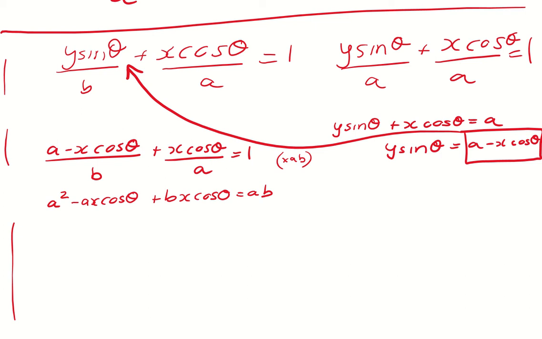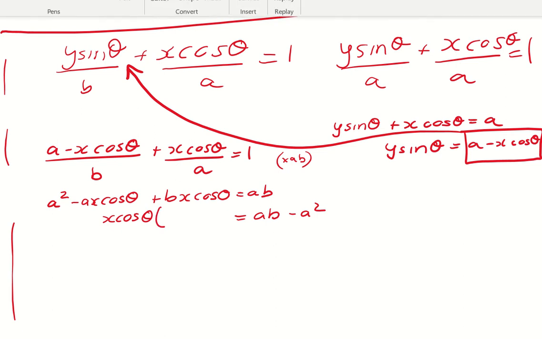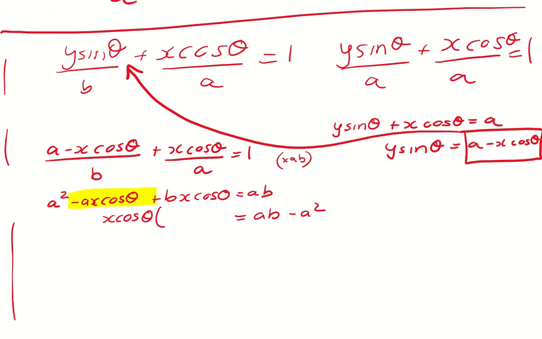Rearranging this, if I factorise out an x cos theta here, and I take my a squared to the other side, so I'm just going to factorise out, I've skipped a little line here, but I'm factorising this term here.